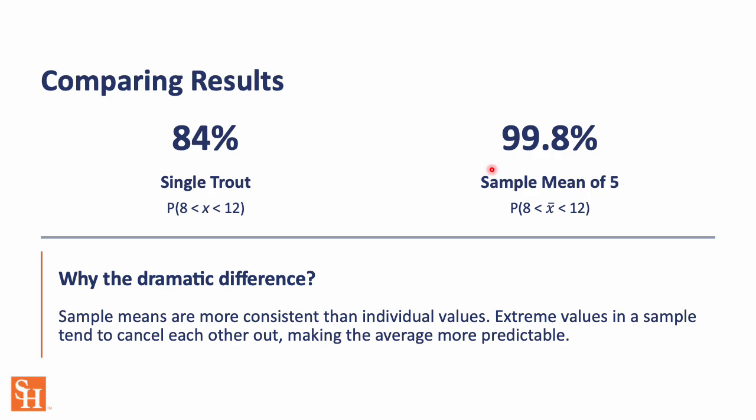But when we deal with a sample, even if individual trout vary, the sample mean is consistent. This is why we have a higher probability that the mean length of 5 trout will fall between 8 and 12 inches, 99.8%.